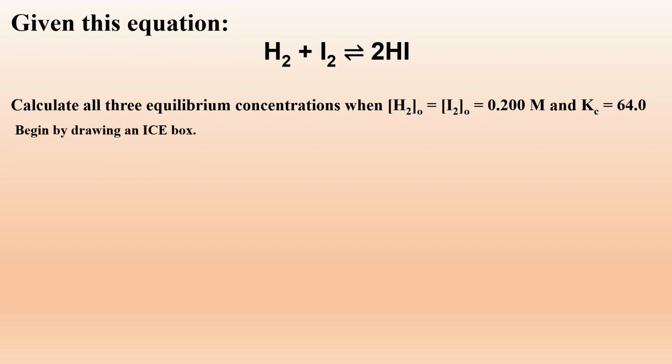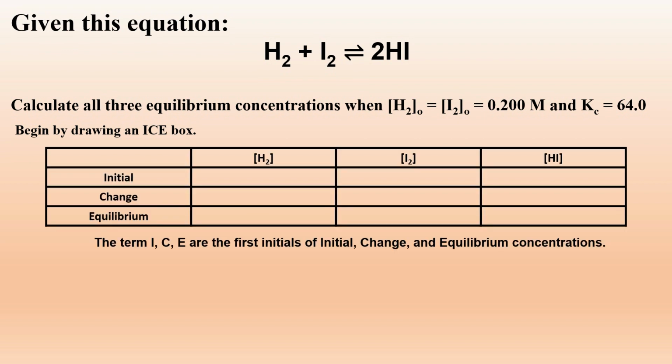Begin by drawing an icebox. An icebox allows the data to be organized in a logical fashion, where the term ICE are the first initials of initial, change, and equilibrium concentrations.